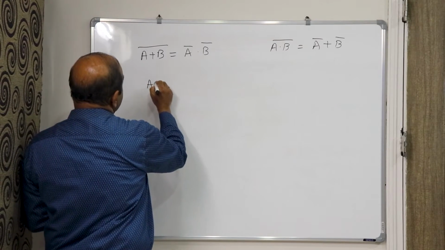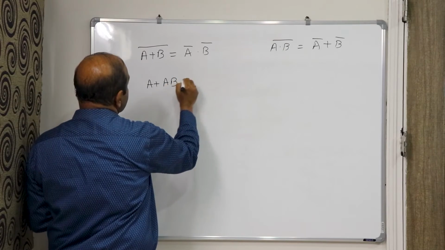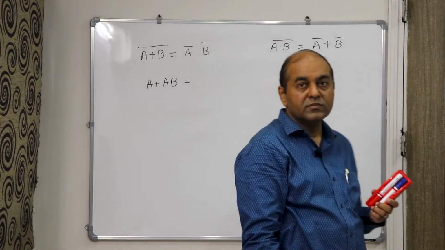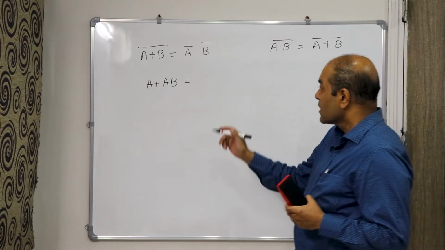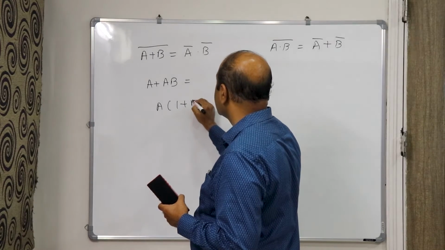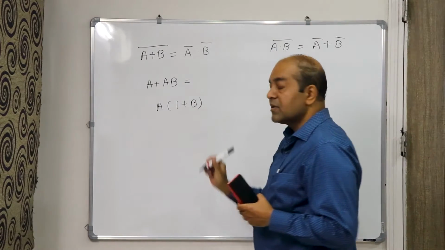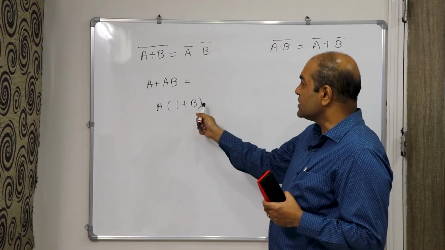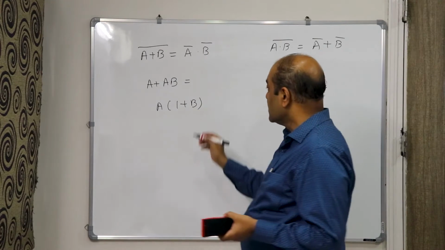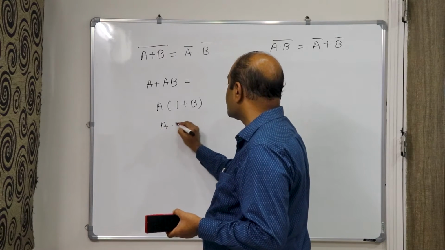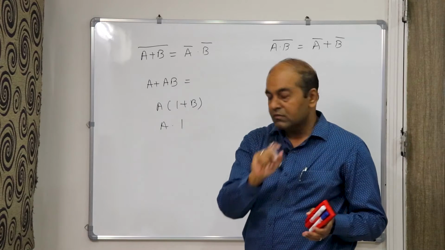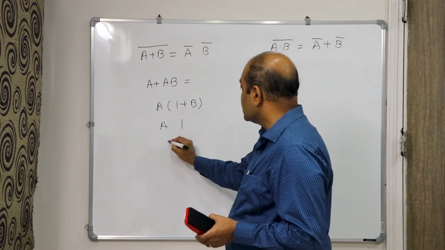Now A plus AB. How to solve this? So see, A common, 1 plus B. If B is 0, then 1 plus 0 is 1. If B is 1, then also 1. So it is A dot 1, this bracket. 1 plus B is nothing but 1.